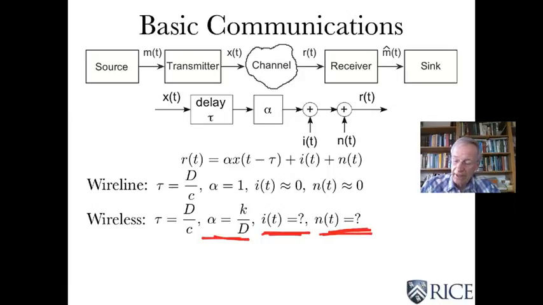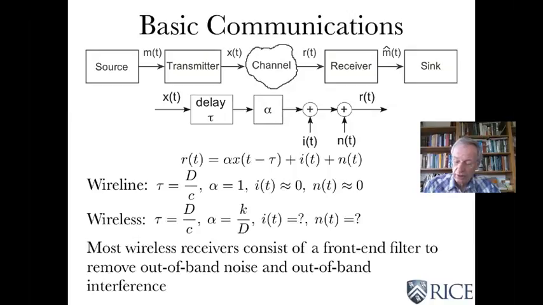To combat the presence of the noise and the interference, for that matter, most receivers for wireless consist of a front-end filter to remove out-of-band noise and out-of-band interference.